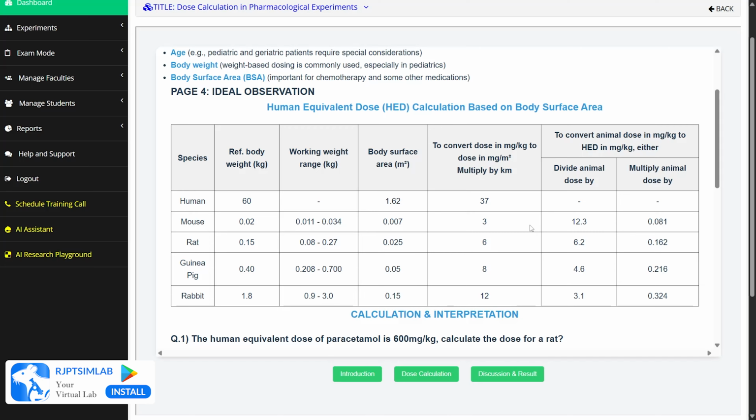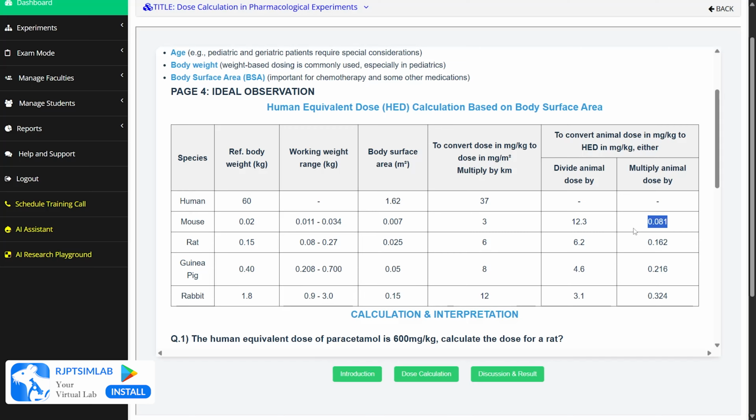When we have to convert the dose, we have two methods. This is the animal dose, the mouse dose. To convert from animal dose to human equivalent dose, we divide the animal dose by 12.3. This is the calculated value. Or, if we want to multiply, we can multiply it by 0.081.